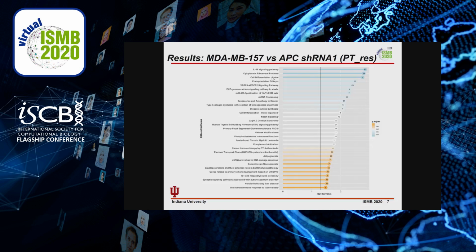We did the transcriptomic analysis using RNA-seq, and we identified several pathways using WikiPathways and functional bioinformatics analysis.